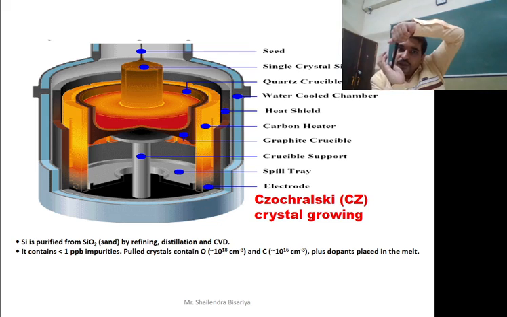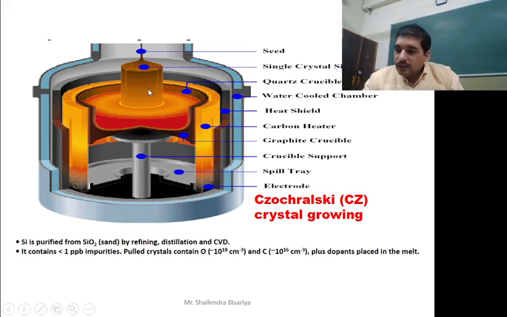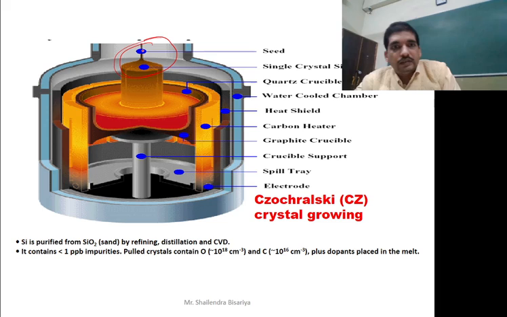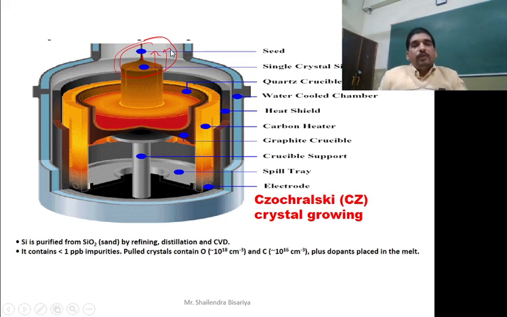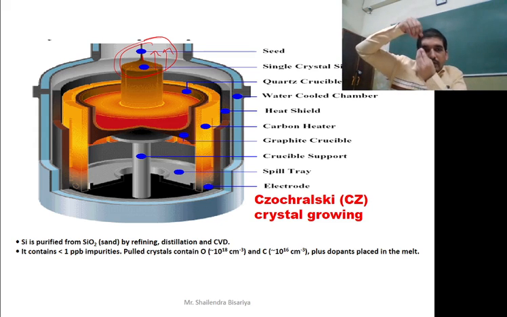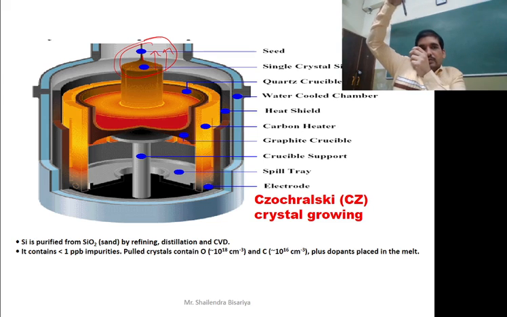When they touch each other, what will happen? This silicon will start combining with this seed crystal, and when we pull this seed crystal upwards, it will take some silicon material out of the furnace with it. Since it is moving in one direction and the crucible in another, we will get a cylindrical shape upwards, right?